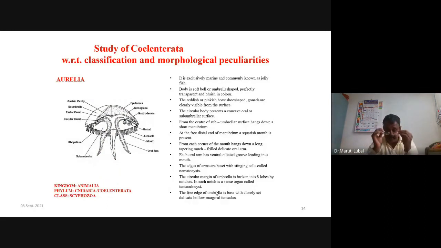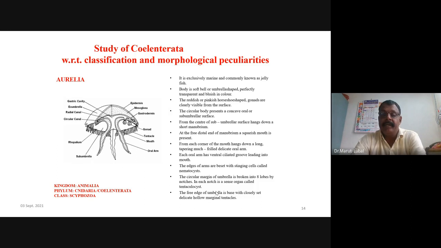Another animal is Aurelia. Aurelia has different morphological peculiarities. First, it is exclusively marine and commonly known as jellyfish. The body of the jellyfish is soft, bell or umbrella shaped, perfectly transparent and bluish in color. The reddish or pinkish horseshoe-shaped gonads are clearly visible from the surface.